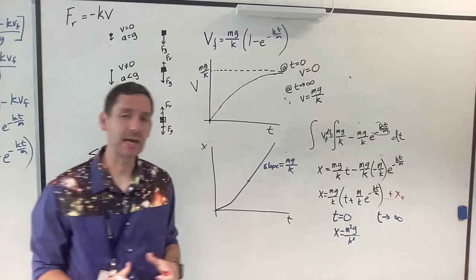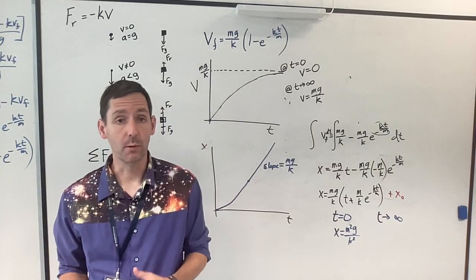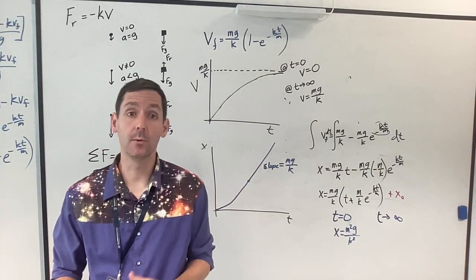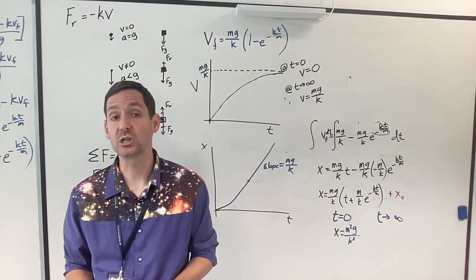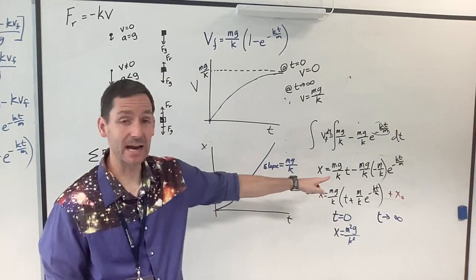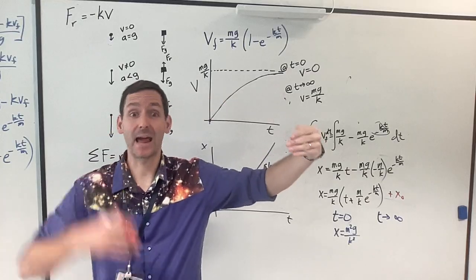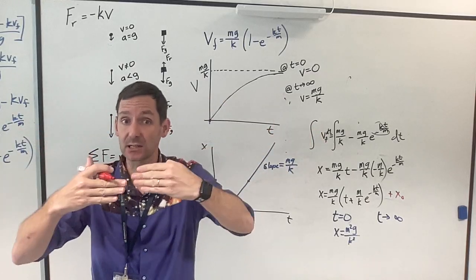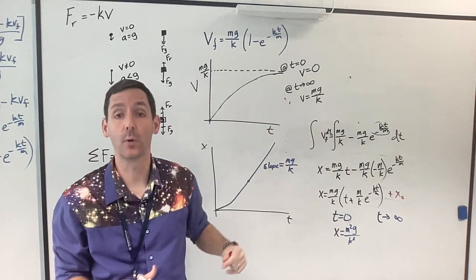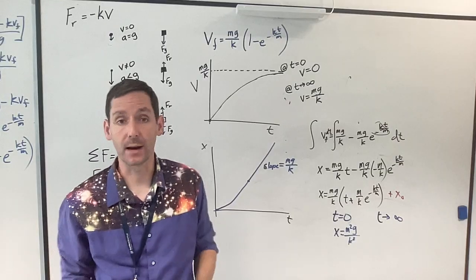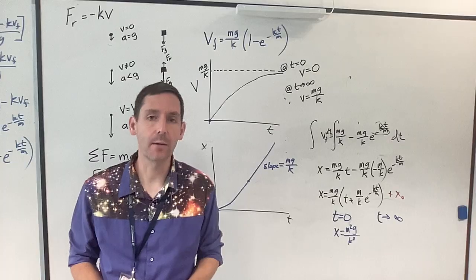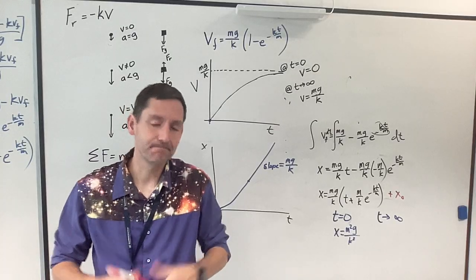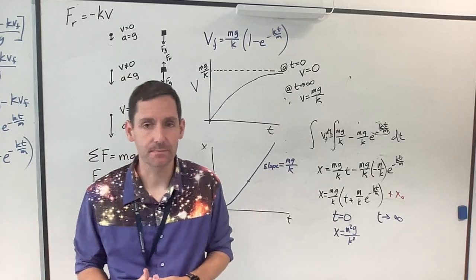Now, that's not going to make a big difference when we're finding displacement. It will make a difference when we find position, but the actual displacement won't change very much because that x naught will be at the beginning and at the end. And so when we subtract using that definite integral, that will go away anyway. So very often when I'm doing my analysis, I kind of ignore it, which, yeah, I probably shouldn't, but it is what it is.